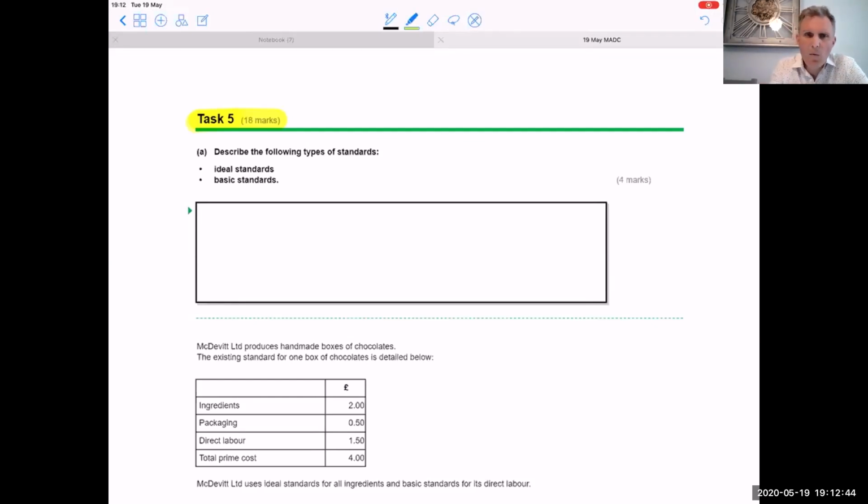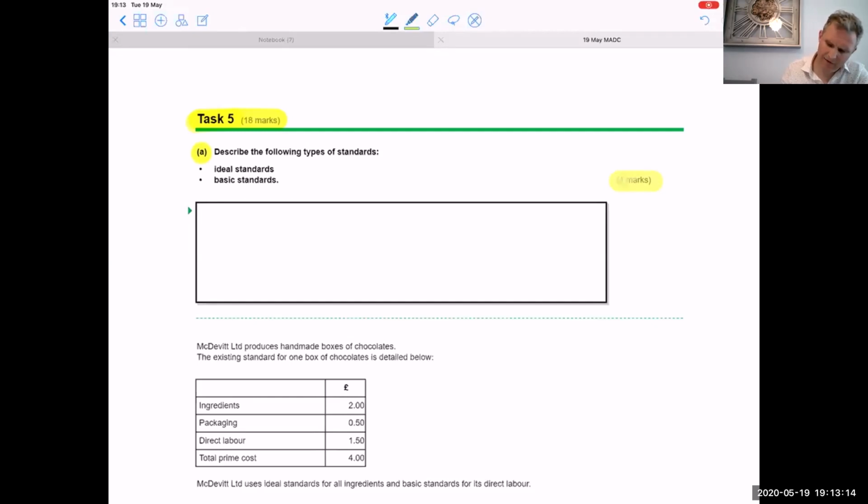Okay, so we've got a question here, and as you've seen over the last few weeks, when I see these questions at Level 4, I have a process: I want to look first at the requirements. What am I being asked to do? I'm not too bothered straight away about the rest of the narrative. So here I've got section A, describe the following types of standards, and there are 4 marks going for it. They're telling me I need to describe 2 types of standard, an ideal and a basic standard.